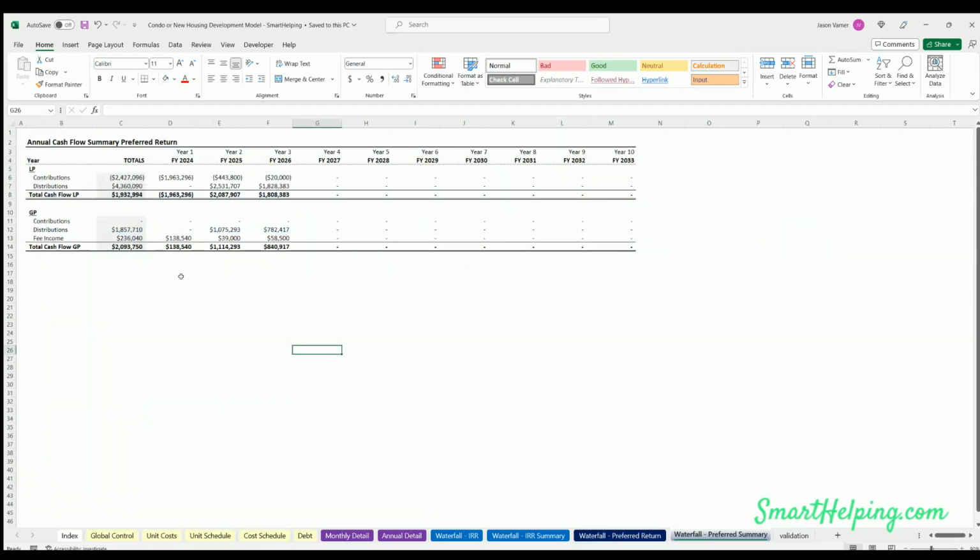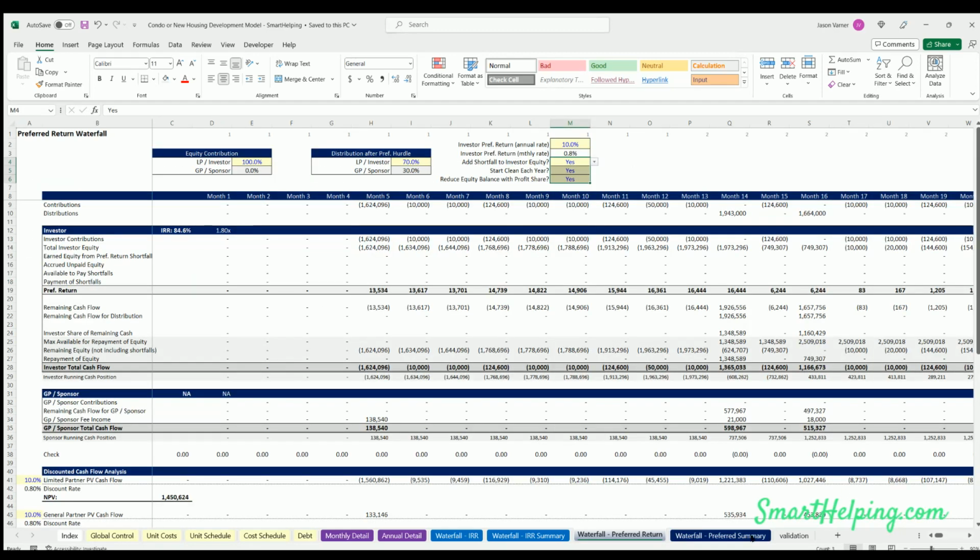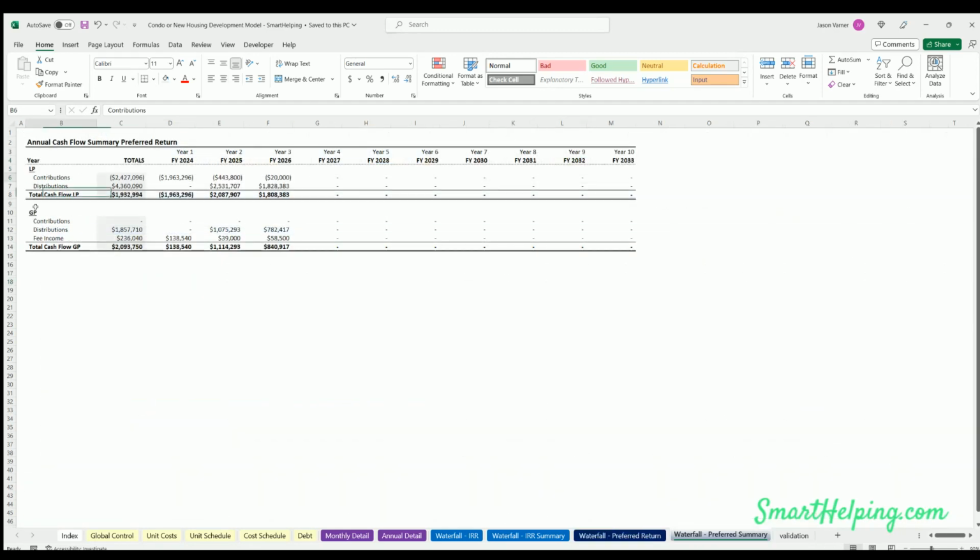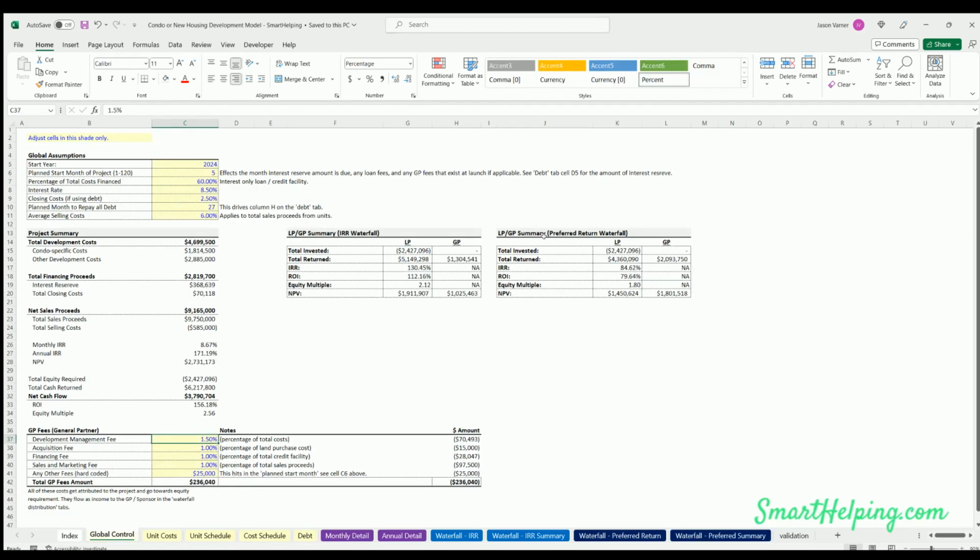Waterfall preferred summary annual, just again summarizing this on an annual basis, consolidated for the LP and GP, so you can see what's going on in each year for contributions, distributions. And then the global control will pull all that data in so you can see the total IRR waterfall, what that's equal to.